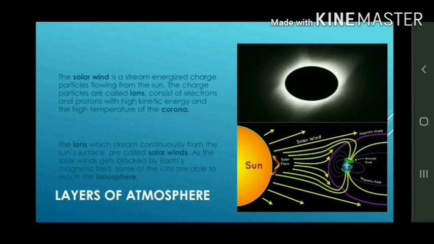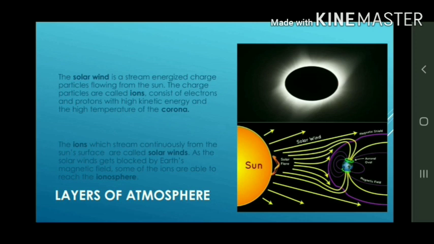As the solar winds get blocked by the Earth's magnetic field, some of the ions are able to reach the ionosphere.